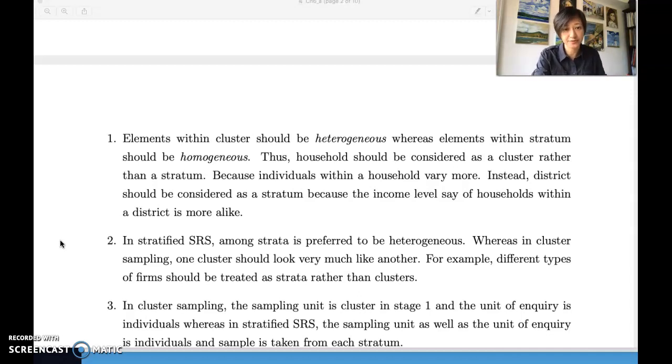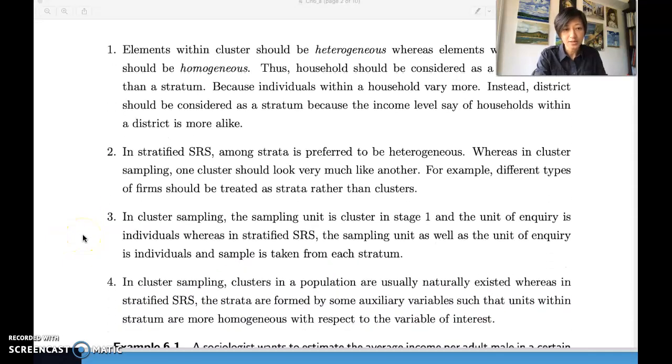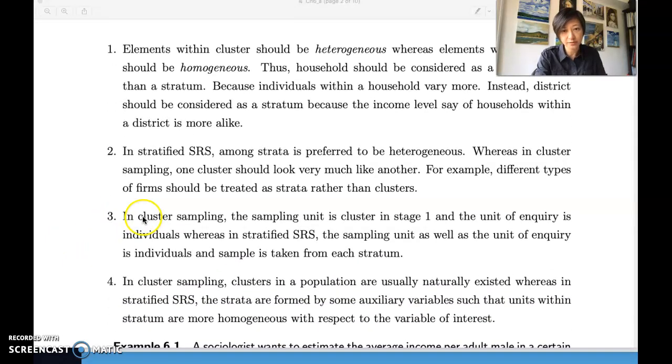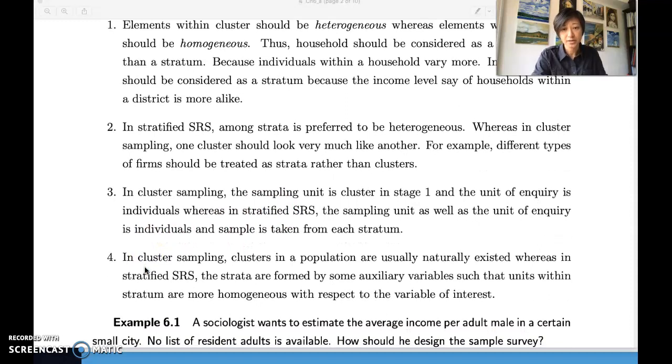That's the total opposite of cluster sampling. Okay, so in stratified random sampling, among strata, we prefer them to be more heterogeneous. In cluster sampling, the sampling unit is a cluster in stage 1. So we have the population, we divide them into different groups. Stage 1 is to look at the entire group, so it would be the cluster.